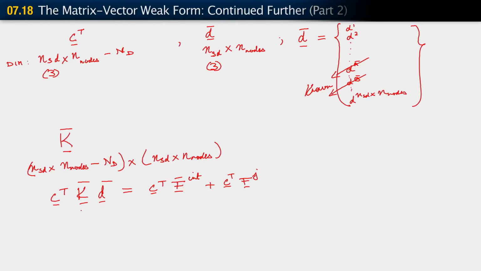So what we do is we simply move the columns from the K-bar matrix that correspond to the known degrees of freedom from the D-bar array over to the right-hand side.